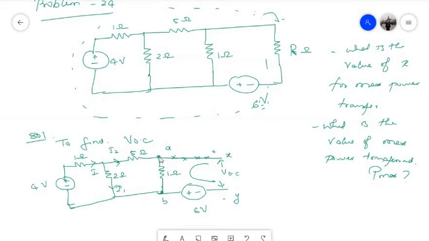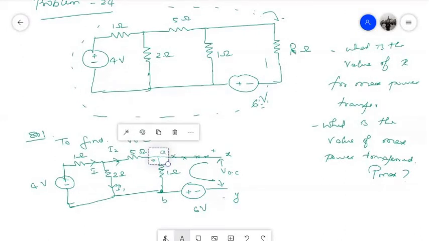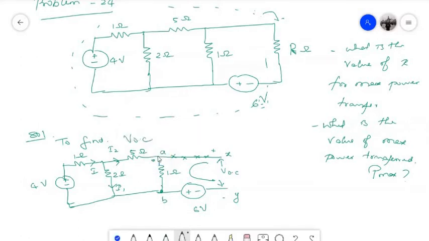You are ultimately measuring the voltage between this point A and this point. So ultimately in this line, the voltage is VAB plus 6 volt.